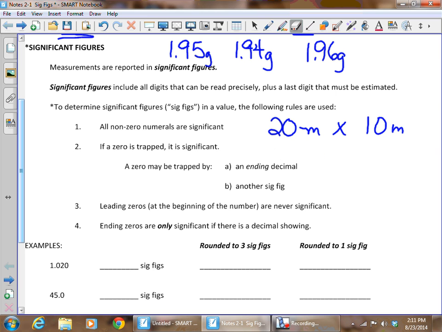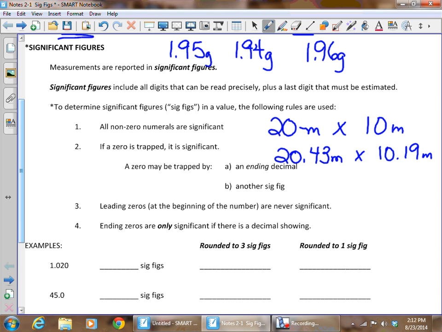So instead of sending them 20 by 10, let's say that I sent them 20.43 meters by 10.19 meters. Do you think that those people that are cutting that carpet are going to know they better cut that carpet at 20.43 meters and 10.19 meters exactly for that room? Yes. How exact you are is important.